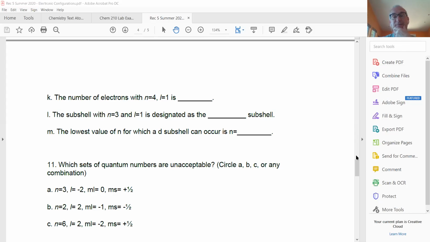It didn't say that. Probably should have said that on a test. It probably will. Hint, hint. So I can't take points off if you answer the question. I can if you get it wrong, but if you answer it correctly, that's it. Just answer the question.